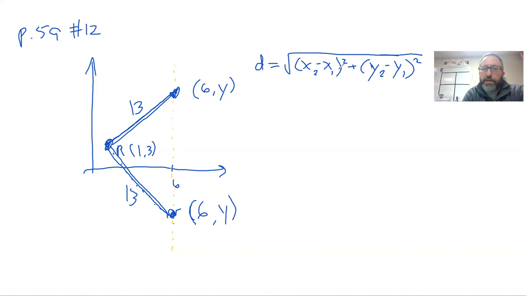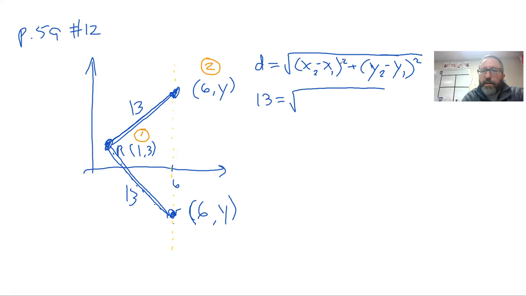And we are going to start plugging in some values. So we need to, first of all, identify what our first pair is. So I'm going to call this one down here (1, 3) my first pair. So that will be where my x1, y1 values come from. And this will be my second pair. That'll be where my x2 and y2 values come from. So let's start plugging things in. We have 13 for our distance.